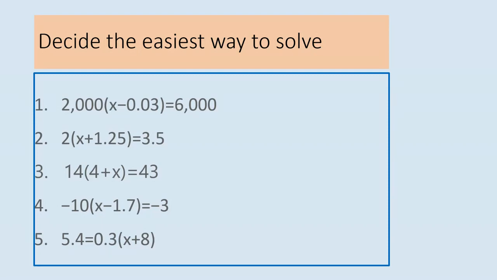Number 4, negative 10 times x minus 1.7 equals negative 3. Number 5, 5.4 equals 0.3 times x plus 8. So look at all these different options and tell me which one you think would be the easiest thing to do. Okay. Would you be able to divide or distribute?